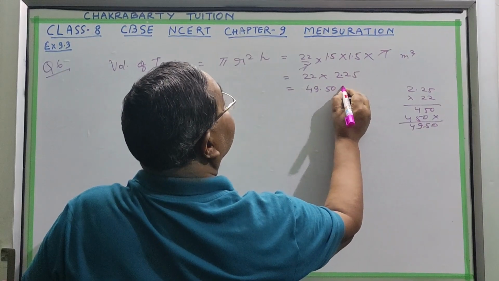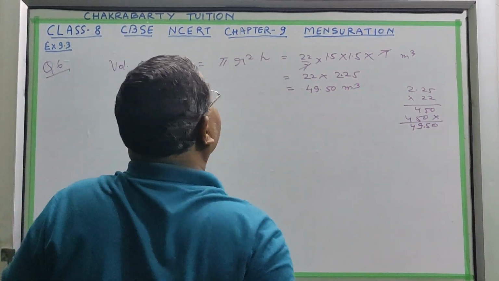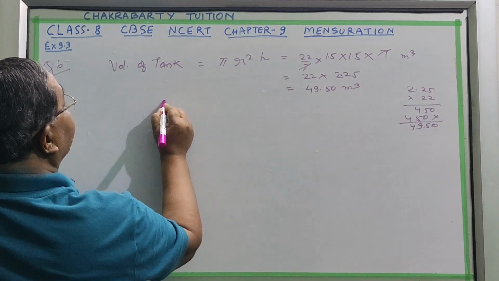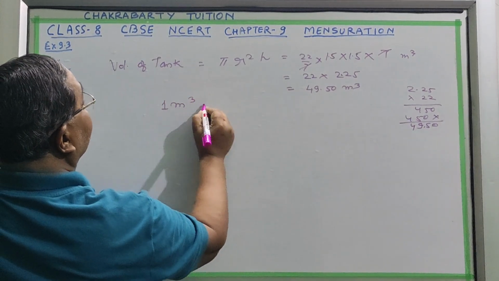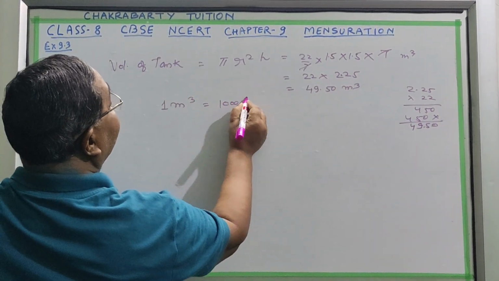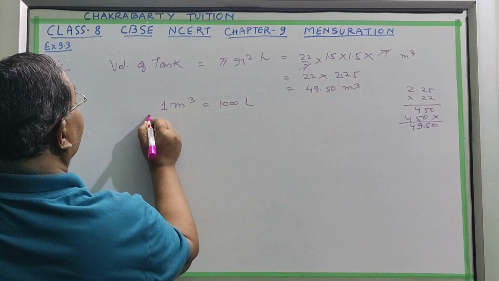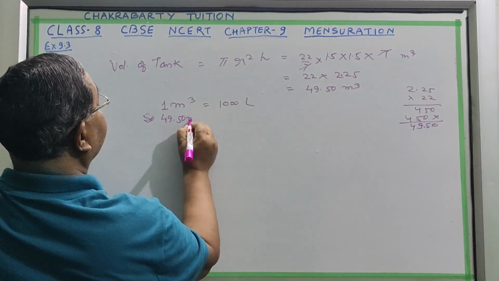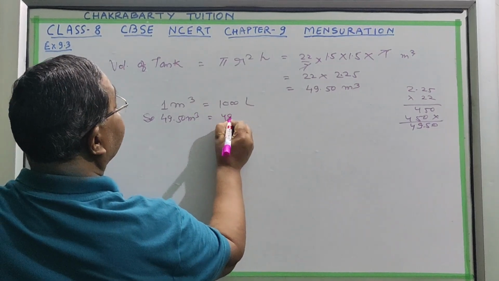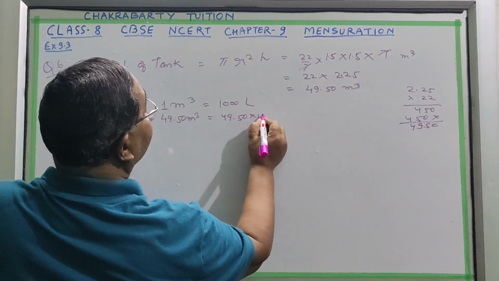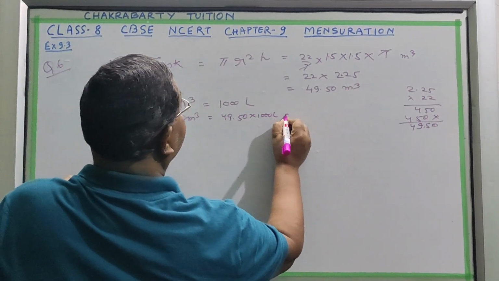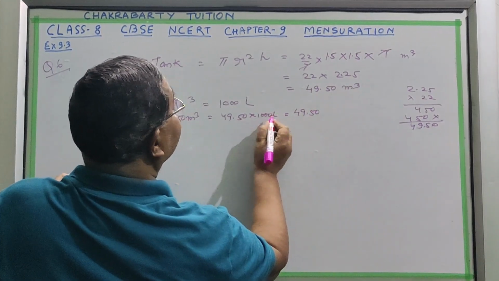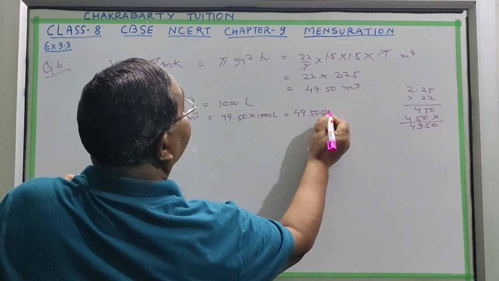49.50 meter cube. Now here, to convert it into liter, our formula is 1 meter cube is equal to 1000 liter. So 49.50 meter cube is equal to 49.50 into 1000 liters. 49.50 and 3 zeros we will put: 1, 2 and 3.